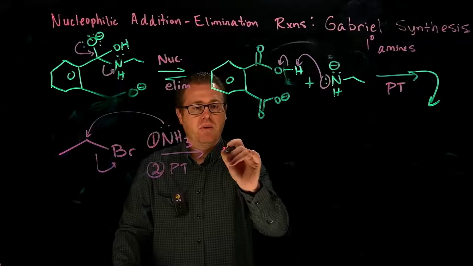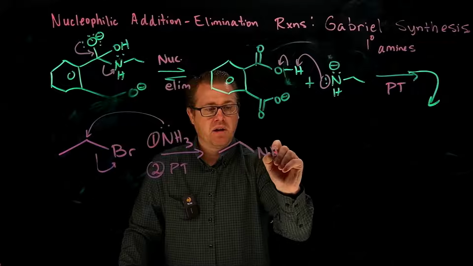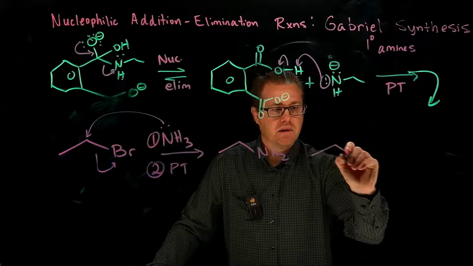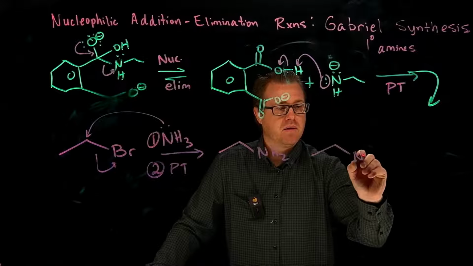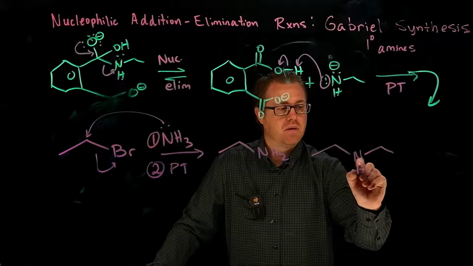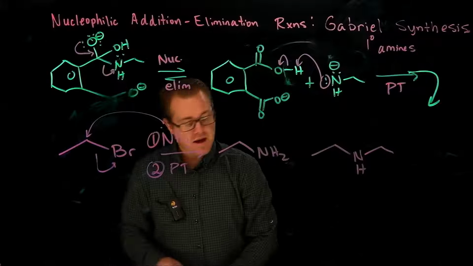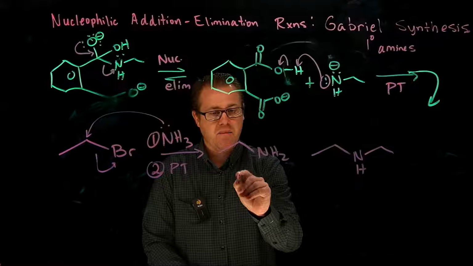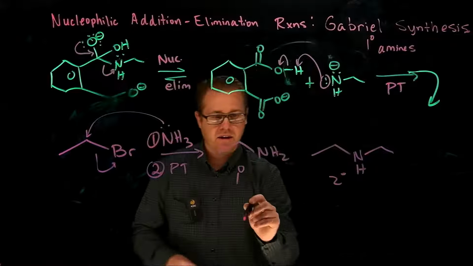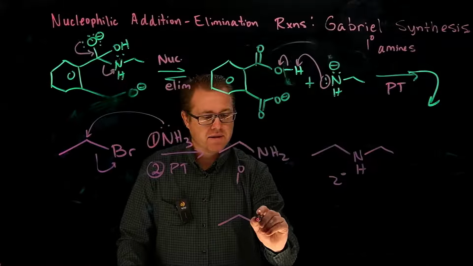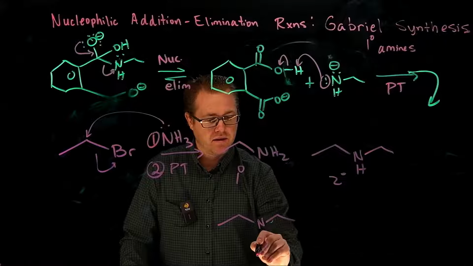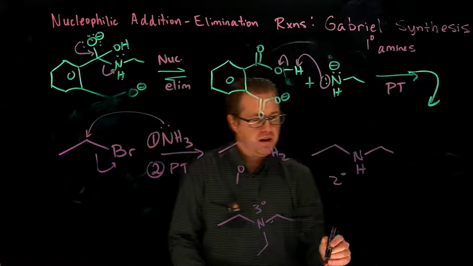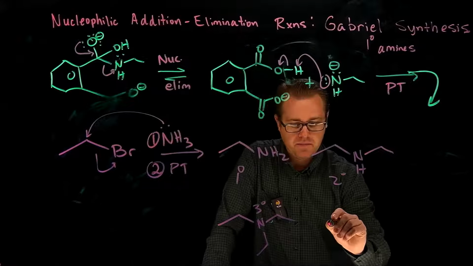Mechanistically here, we would get a mixture of this. Like that. And you get, so there's our primary amine, there's our secondary amine. You would get something like a tertiary amine and even a quaternary amine.